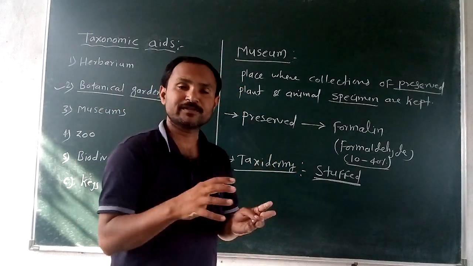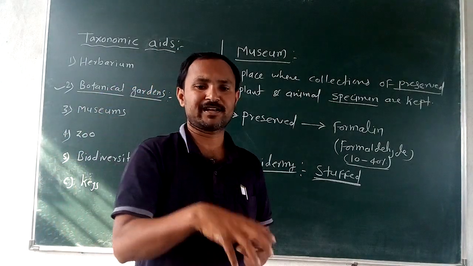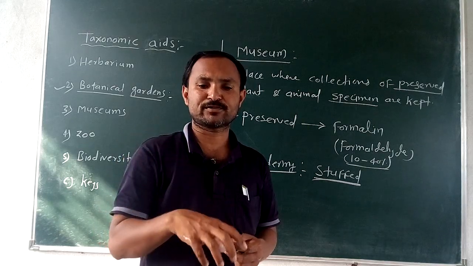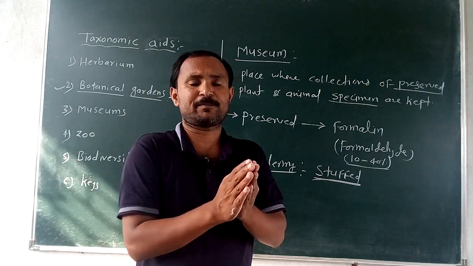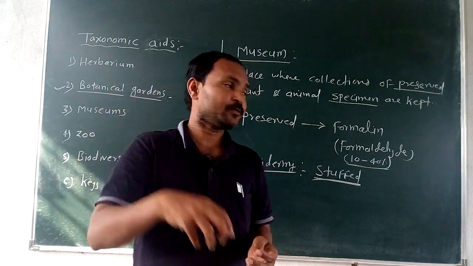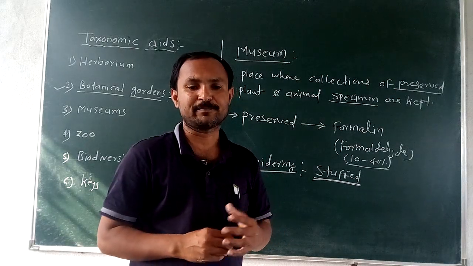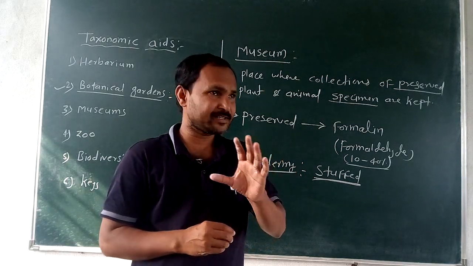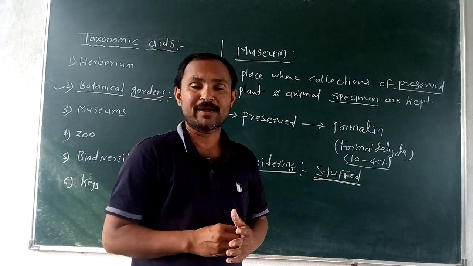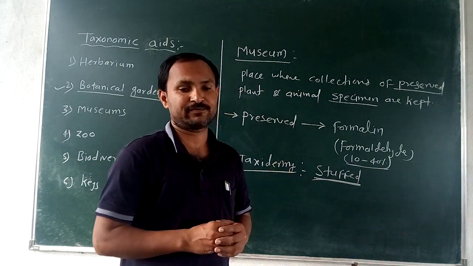Suppose we can fill cotton in that animal's body, or any other paper, so that it keeps its shape as it is. When we put all this inside the body of that animal or bird, it looks the same, but it is not alive. It is a dead mammal or bird, but it looks alive. That is called stuffed.